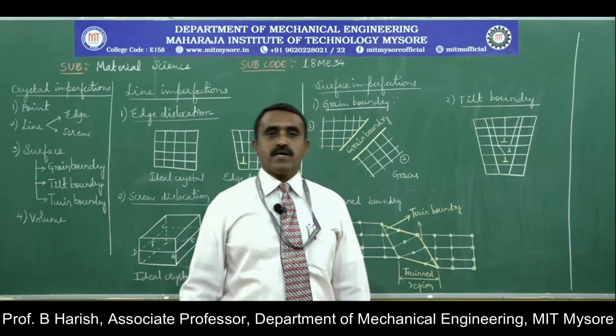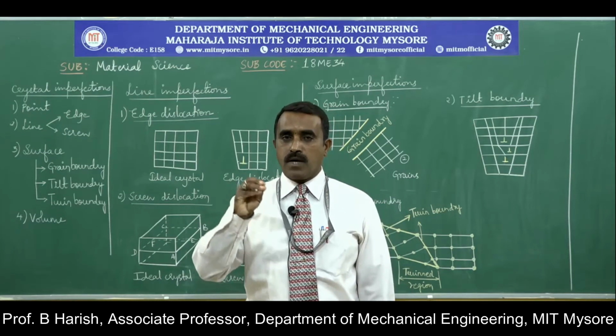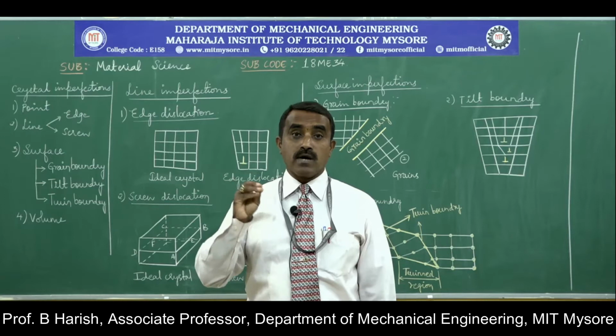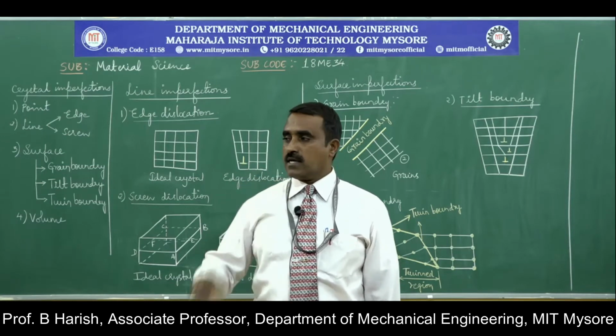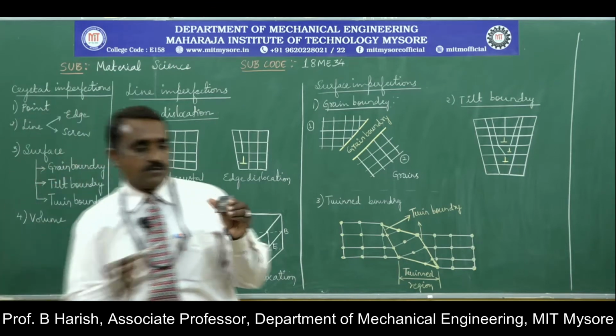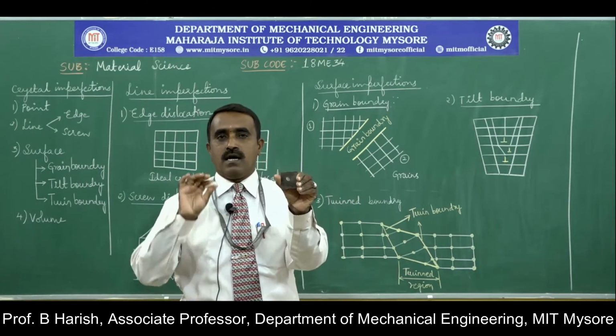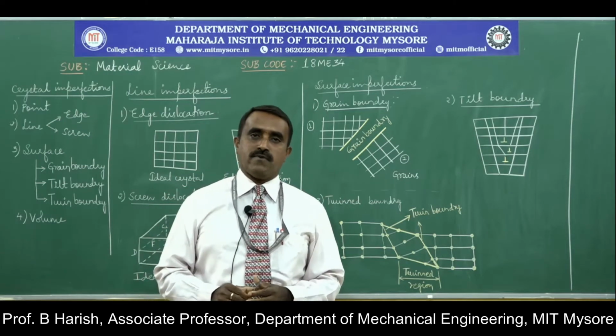Point imperfection is one where the defect is seen at one particular point. It is called a localized imperfection. If you take a crystal structure, at one particular point the imperfection is seen. That is point imperfection.